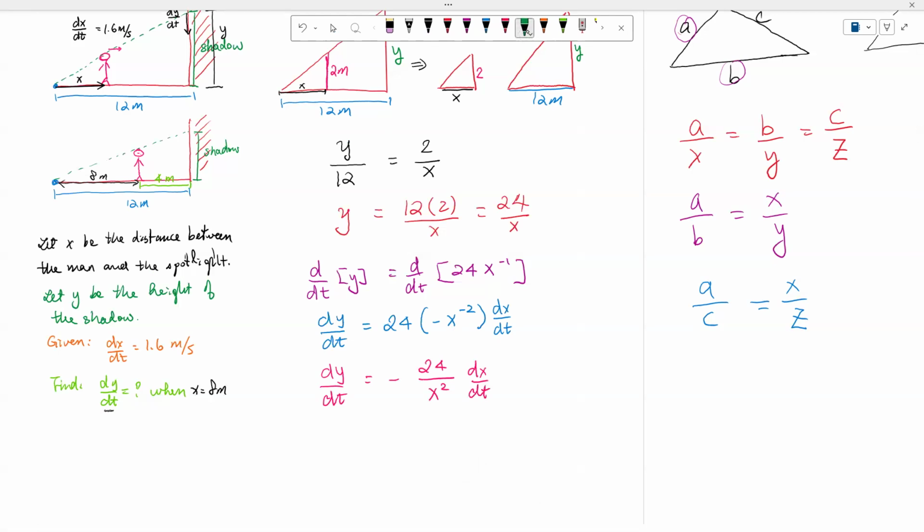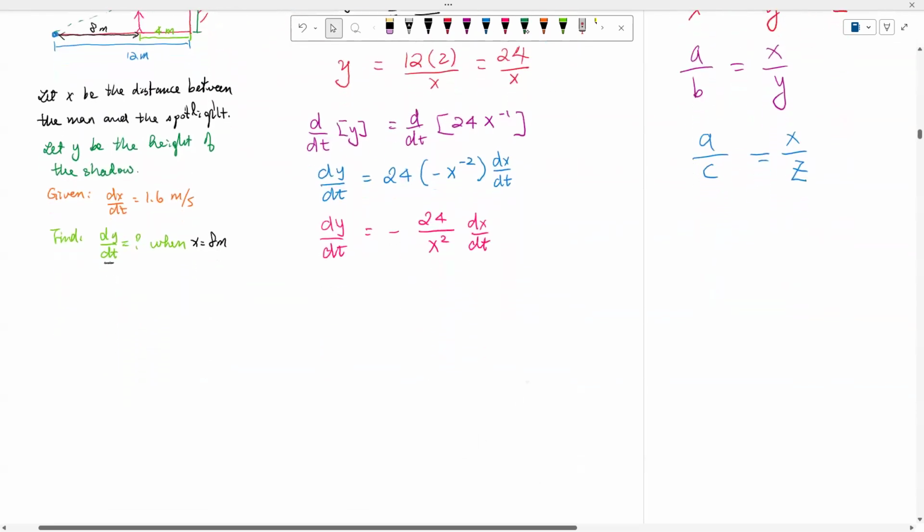After we take the derivative, what is the next step? The next step is to input the numerical information.